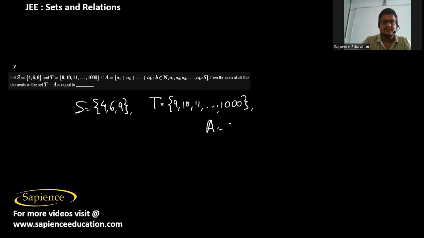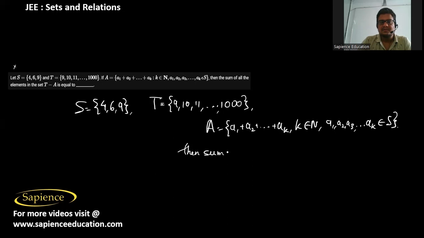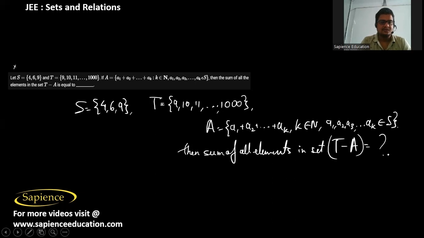And A is the set of the sum of a1, a2 till ak, where k belongs to N, and a1, a2, a3 till ak belong to the set S. Then the sum of all the elements in the set T minus A is equal to how much? That we have to find out.